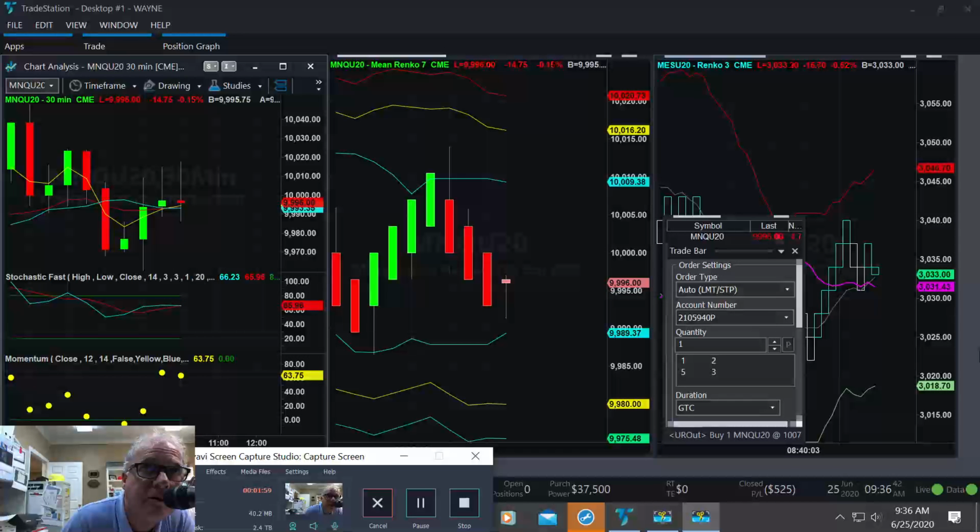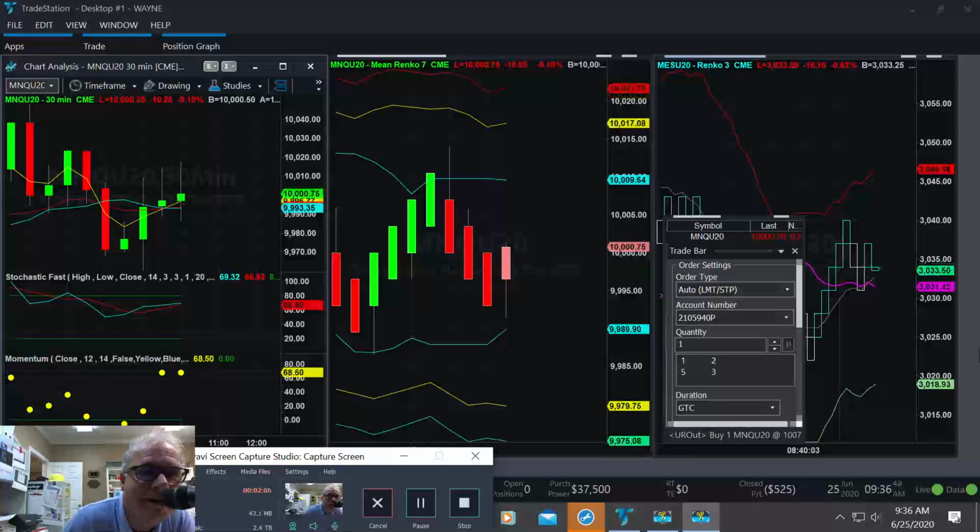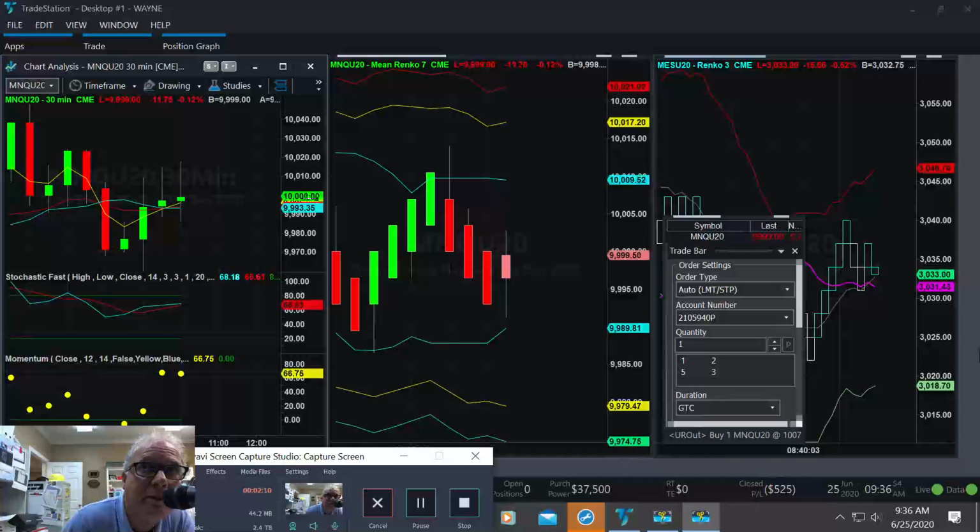But right now it's bouncing back and forth in the middle, and it's bouncing pretty fast too. So if we're going to do any scalping, we're going to have to be nimble.